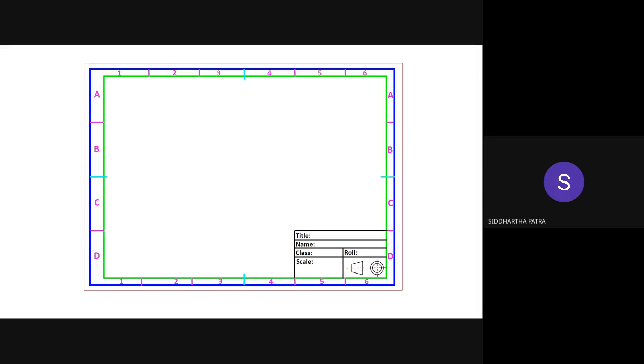Let's say you are using A3 and the dimensions of A3 are 297, that is 300 millimeters by 420 millimeters. And that is around 12 inches by 16 inches. So if something is around 1000 millimeters, you certainly cannot accommodate that in this geometry. So what you do is you use a scale, and this is how typically the scales are represented.